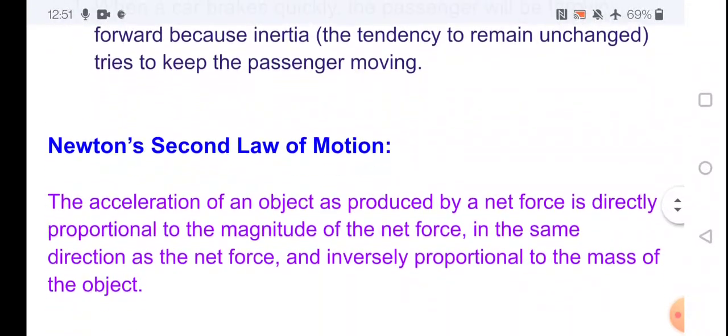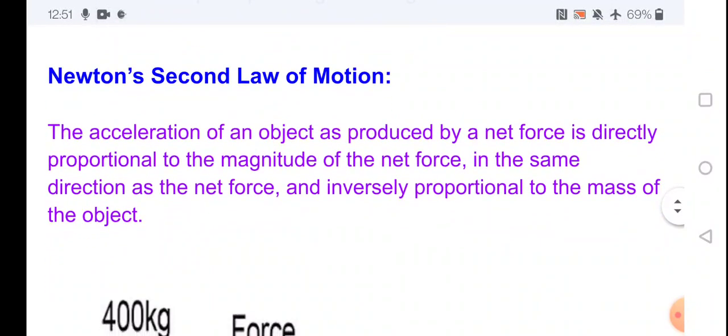Next, Newton's second law of motion. The acceleration of an object as produced by a net force is directly proportional to the magnitude of the net force in the same direction as the net force, and inversely proportional to the mass of the object.